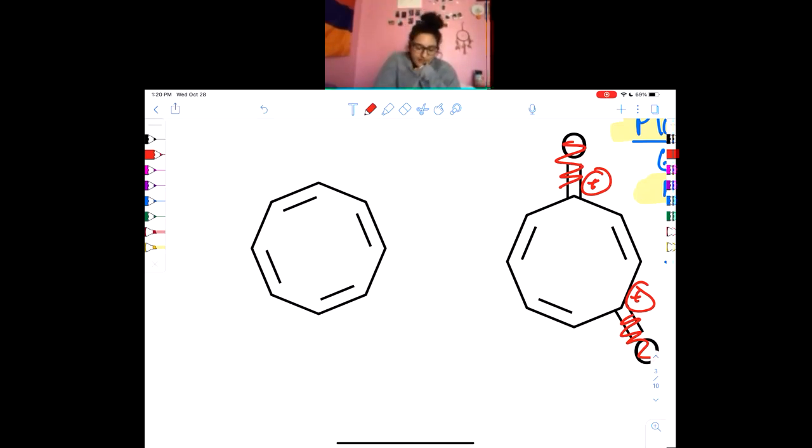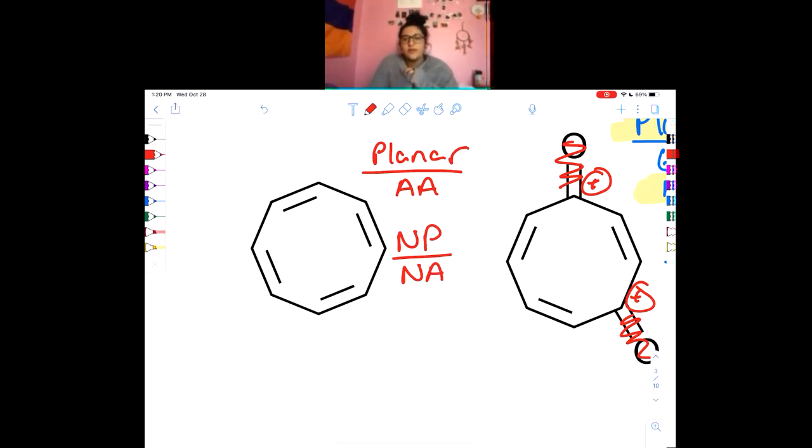So that would make it, if it's planar, anti-aromatic. If it's non-planar, it would be non-aromatic. So in this case, what's more stable? Non-aromatic. So it would be non-planar and non-aromatic.